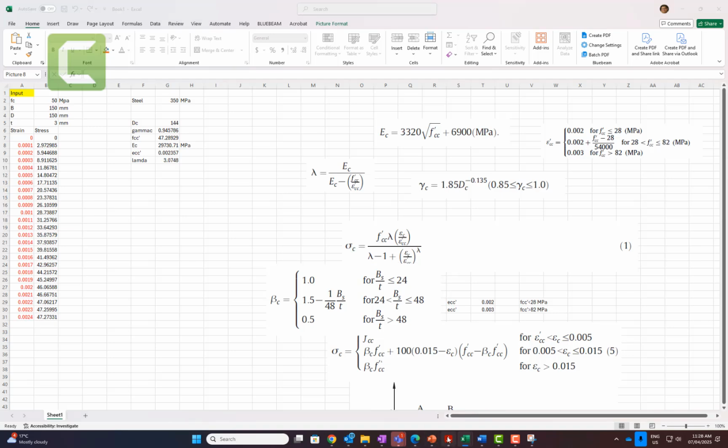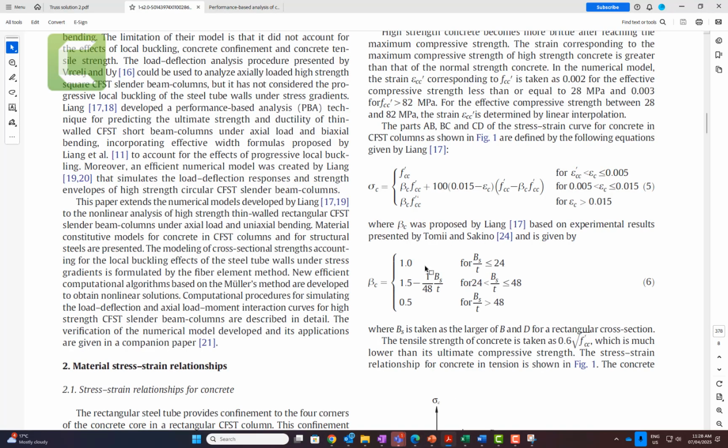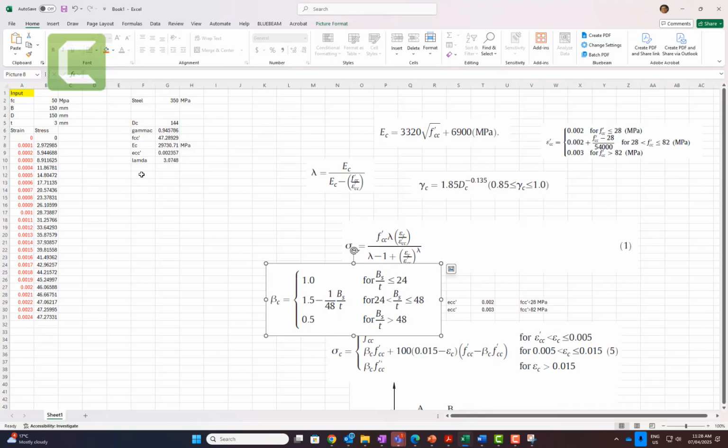Bs, I think the definition is the larger of B and D, so Bs is the maximum of this one and this one, that is 150, perfect. And Bs divided by T, you get 50.